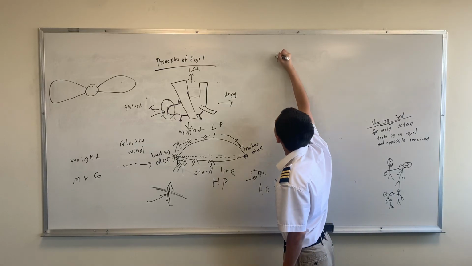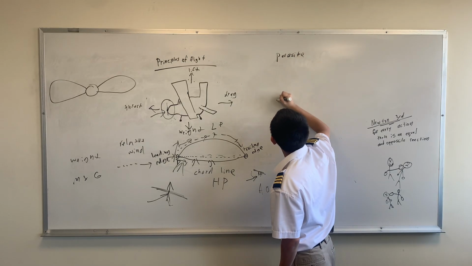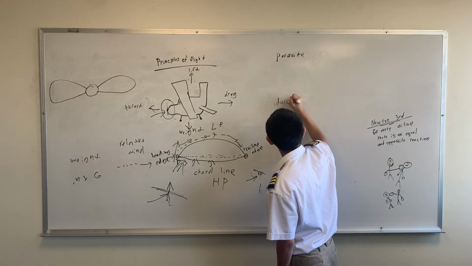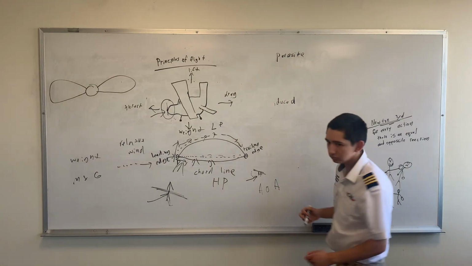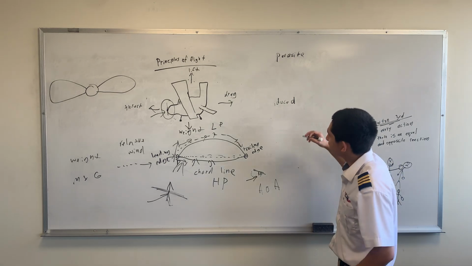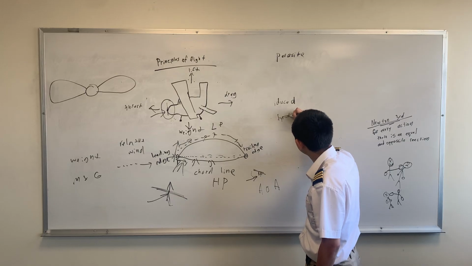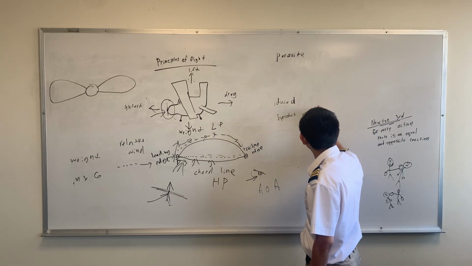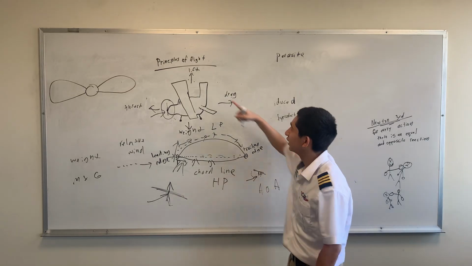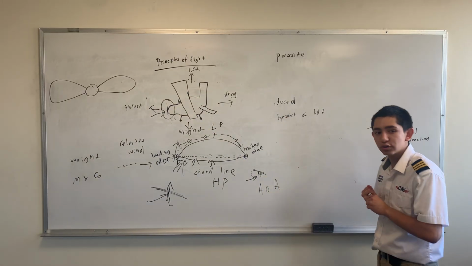We have parasite and induced. And induced is simply the byproduct of lift. That's right, that lifting force we were talking about. So the more you lift, the more drag you get.